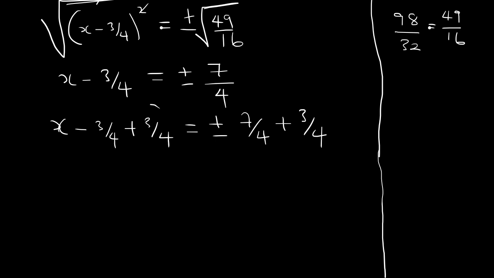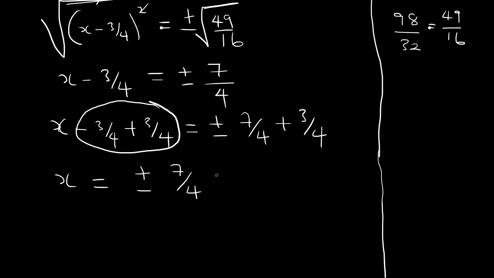So at the left hand side, this value will be off because it will give us 0. So we'll have that x is equal to plus minus 7 over 4 plus 3 over 4.